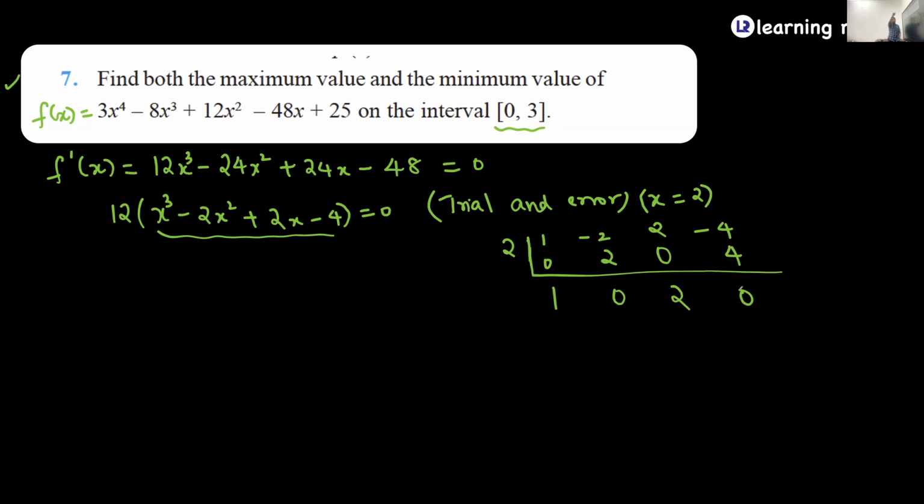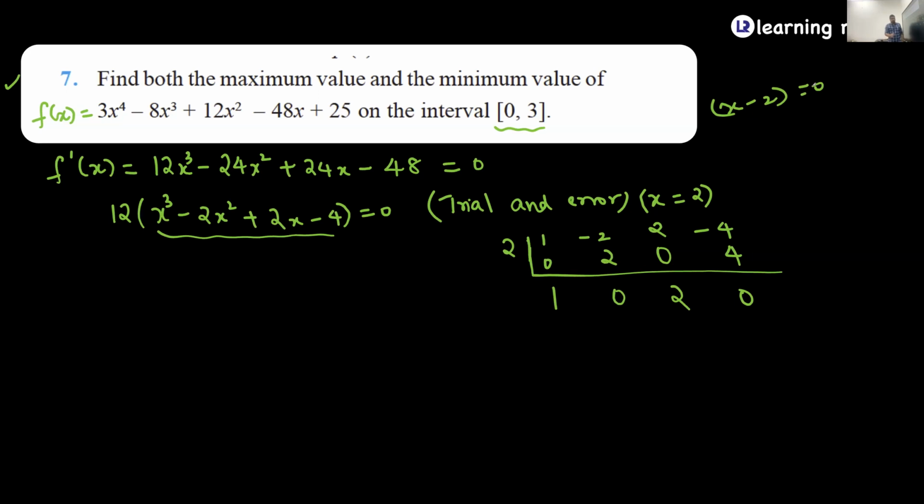Okay. Since you divided a cubic polynomial with something called a linear polynomial, because x is equal to 2 means x minus 2 is 0, so it is a linear polynomial basically. Right? x minus 2 is a linear polynomial. When you do that, you will get a quadratic polynomial. So for the quadratic polynomial, what you need to do is, you got these numbers, no?